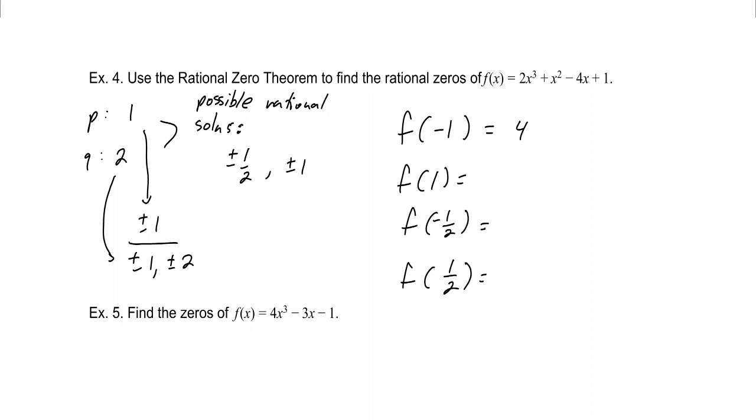So not that one. Positive 1 is 0. We found our first one. All right, minus 1/2 is 3. And positive 1/2 is minus 1/2. So the only rational zero we have is 1.